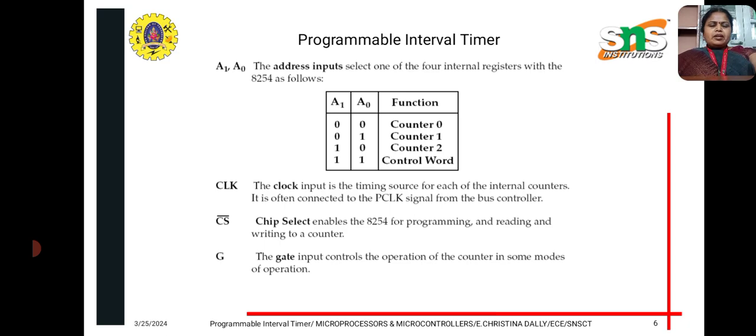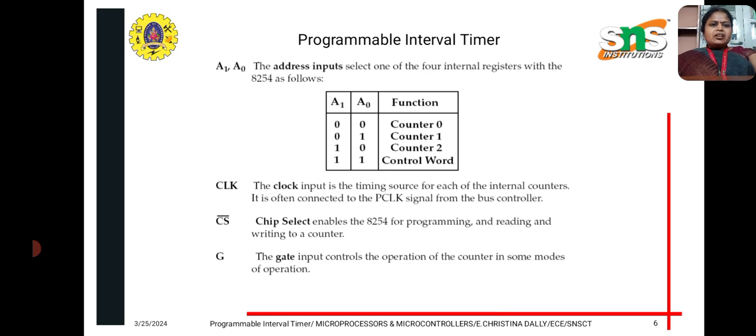For the programmable interval timer, we have the address inputs. The address inputs are allocated as 00, 01, 10, 11. These address bits select the functions. Clock: the clock is the timing source for each of the counters and is connected to the PCLK signal from the bus controller.